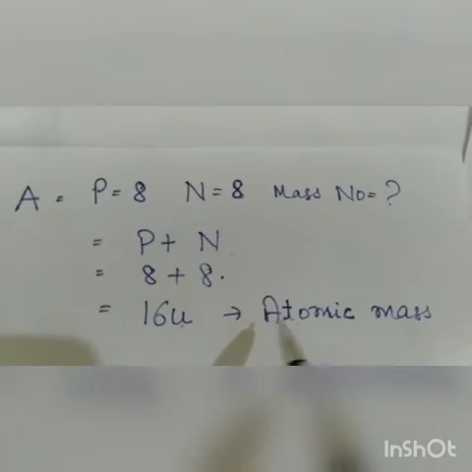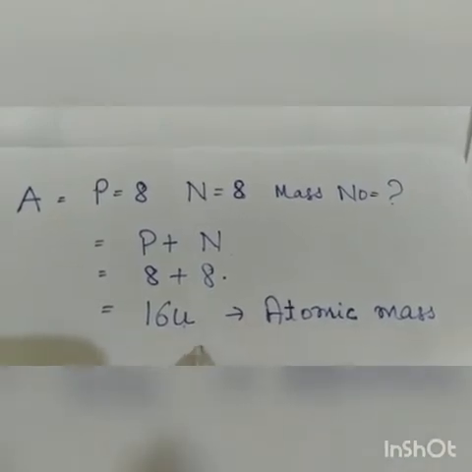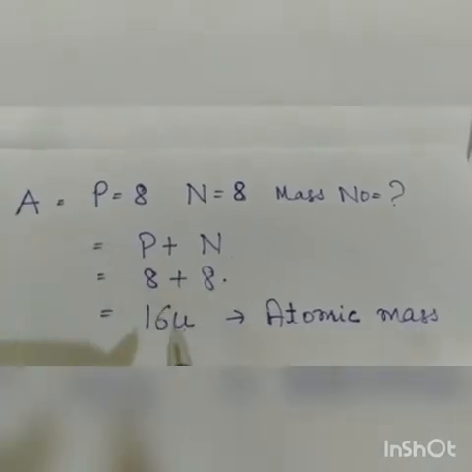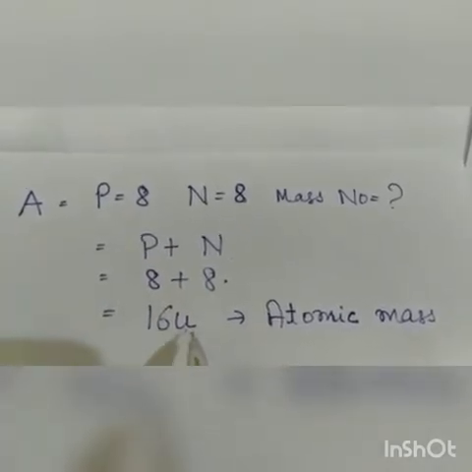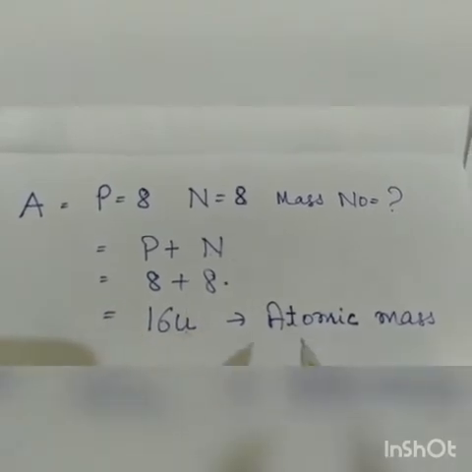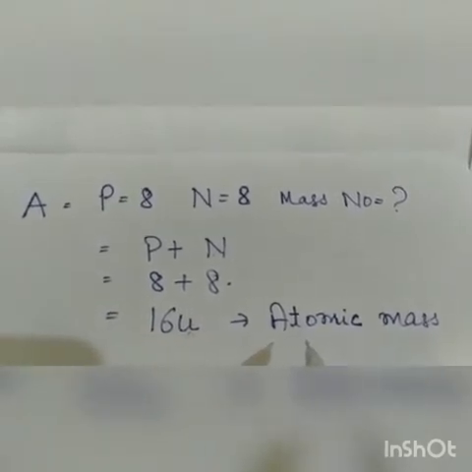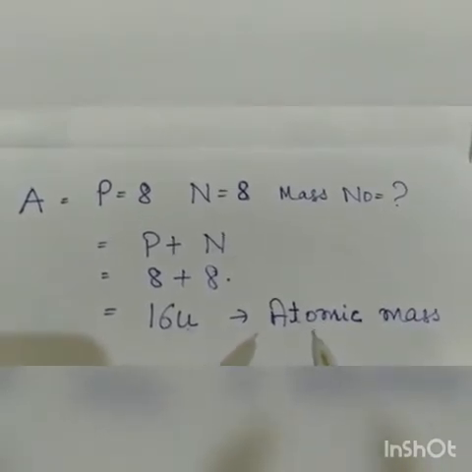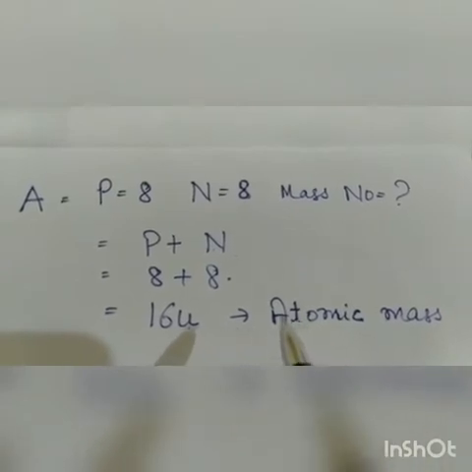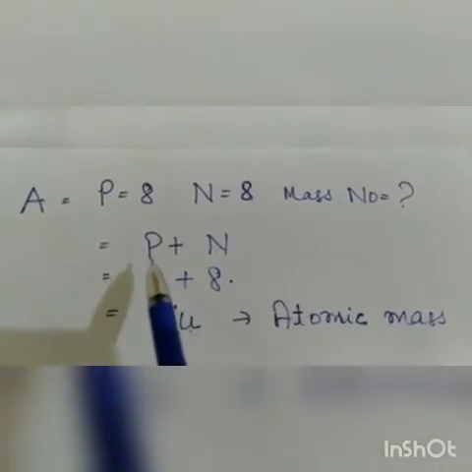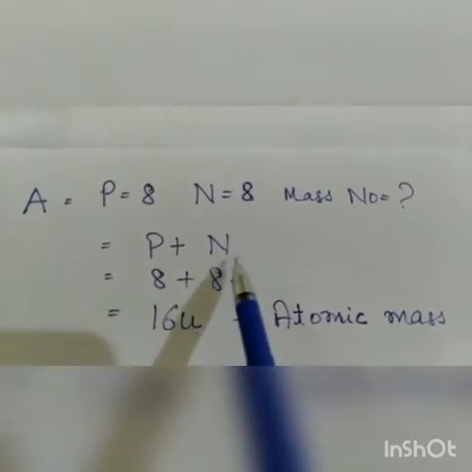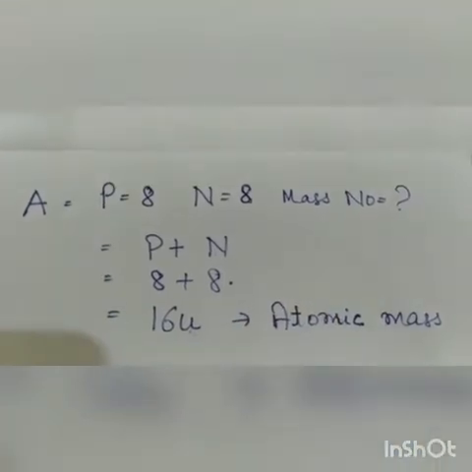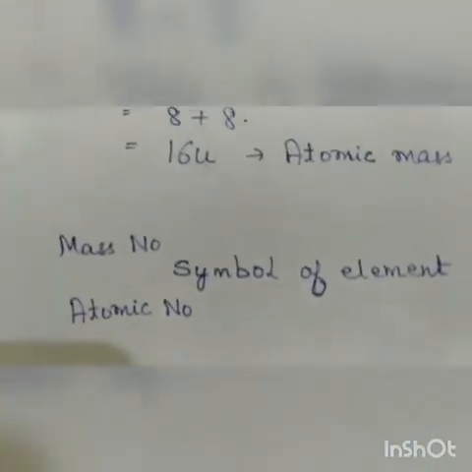It means the atomic mass, the mass of atom A, is 16 units. So mass number and atomic mass is the same thing. And we also say that the whole mass of the atom is concentrated in the center. Why? Because the mass of the atom is due to protons and neutrons, because the mass of electron is taken negligible.